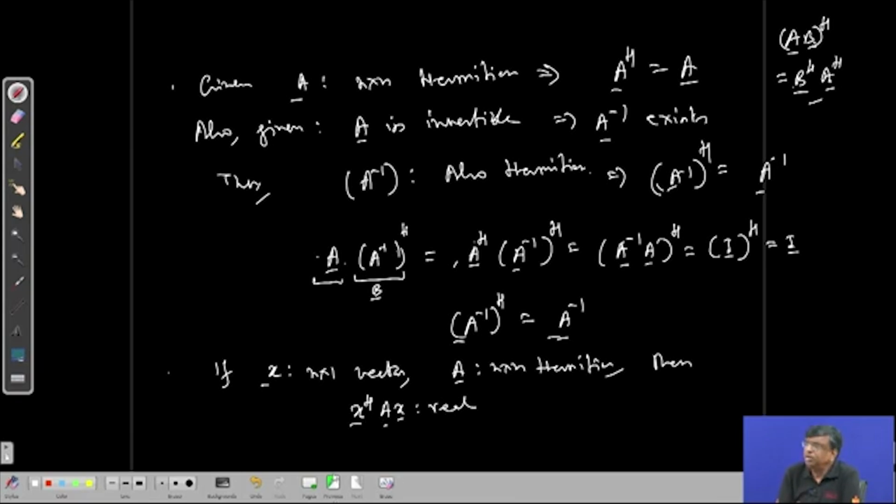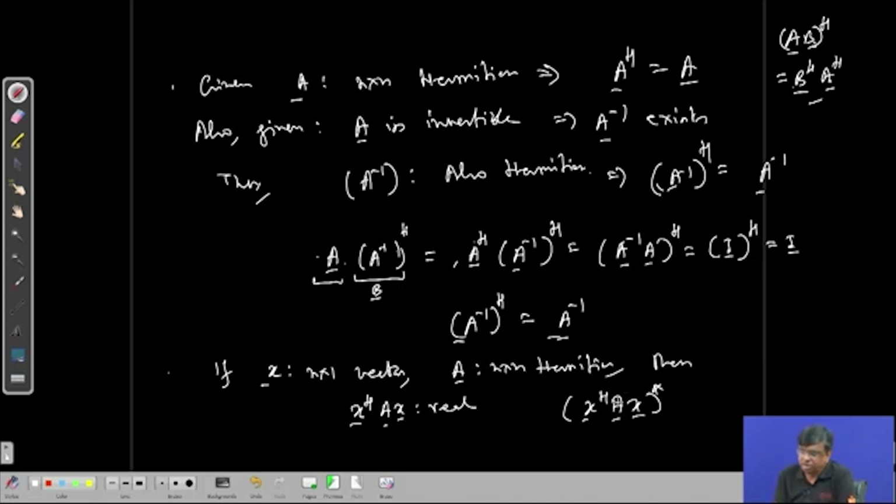How to show this? Any real number: if I take the complex conjugate of a real number, I should get back the same thing. Then only it is real. If x is a real number, then x star is the same as x. Now, here on the left hand side, if I take the star, it is a scalar star.